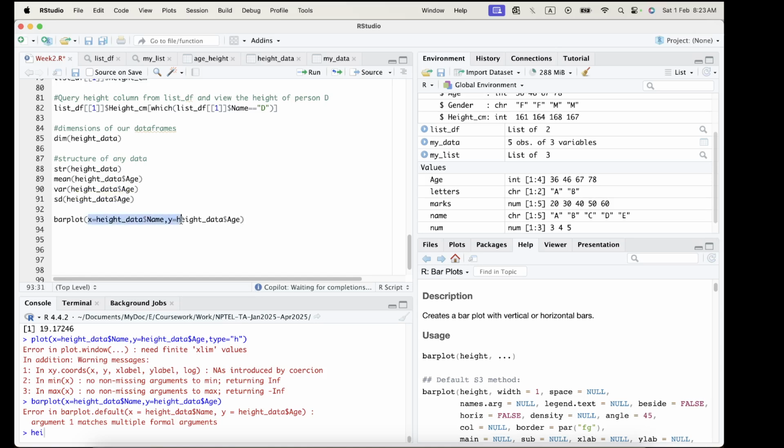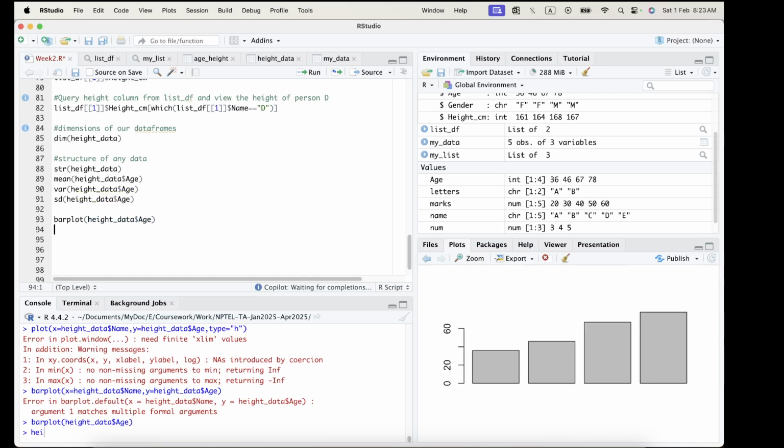So I want a bar plot of the age. This is what it looks like.